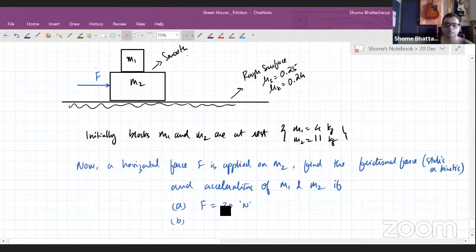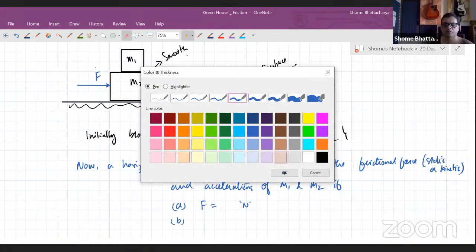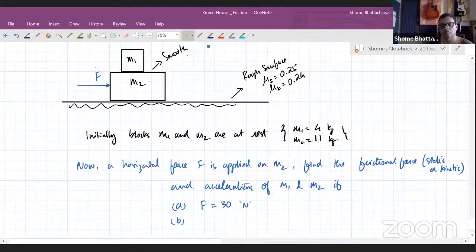Sorry, let's make it even lesser. Actually, 30 newtons is fine. Second case, it is 60 newtons. Take acceleration due to gravity as 10 meters per second square.